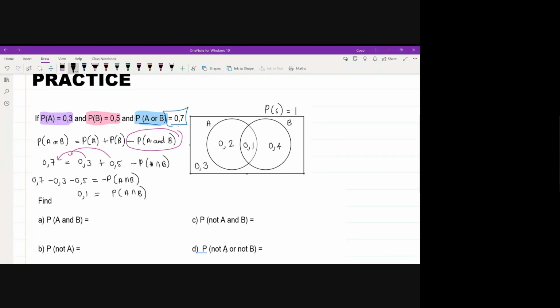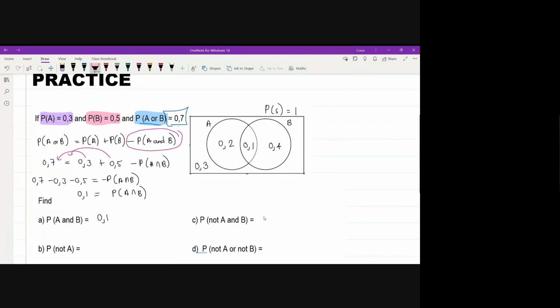Okay, lovely stuff. Let's answer some of these other questions. We know the probability of A and B. We've just calculated it, that's 0.1. We did that up there. Now it says the probability of not A and B. Let's have a look.